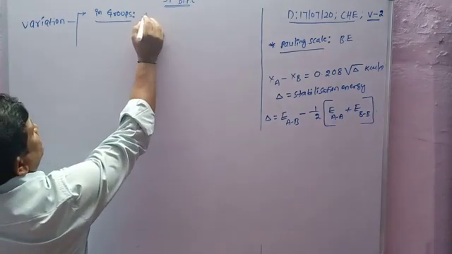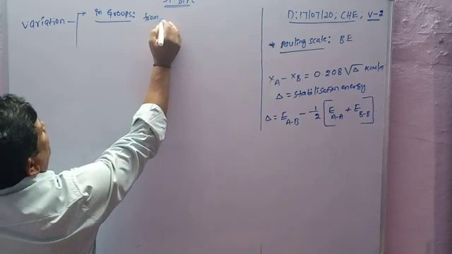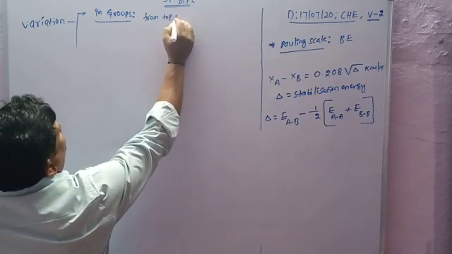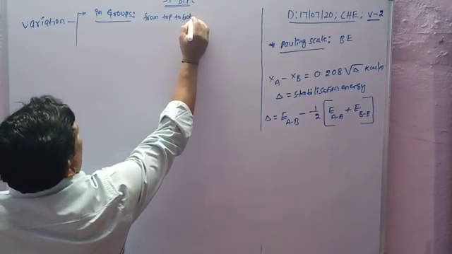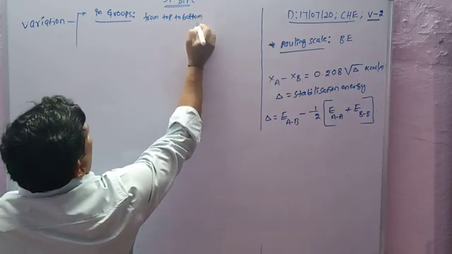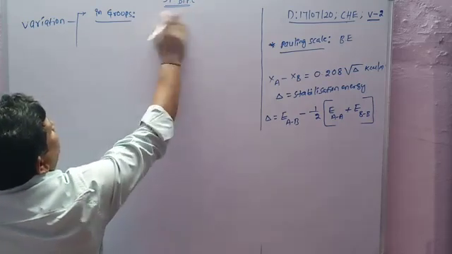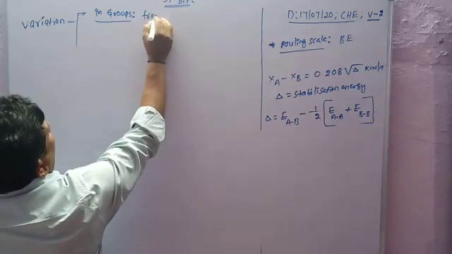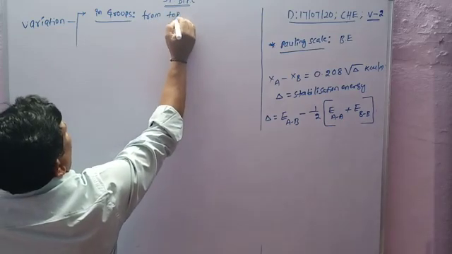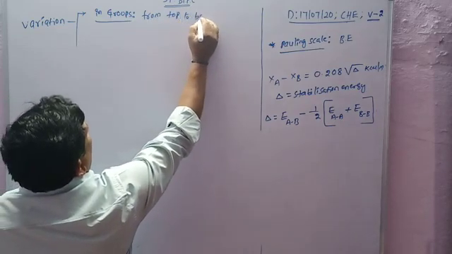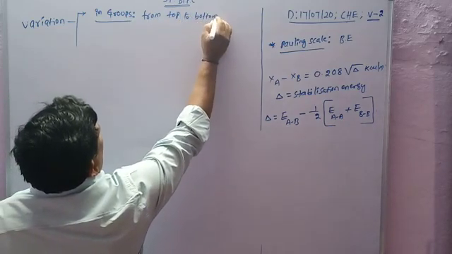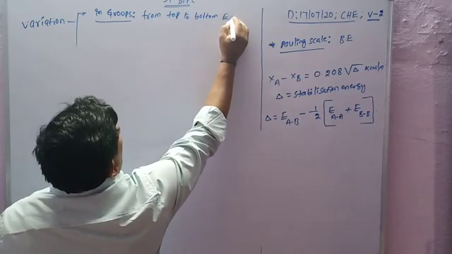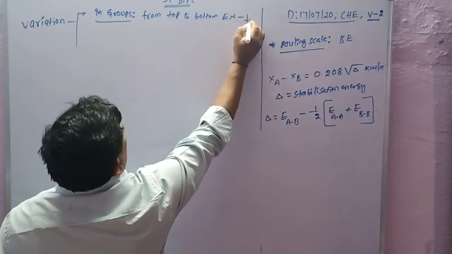So in groups from top to bottom, electronegativity, what happens?